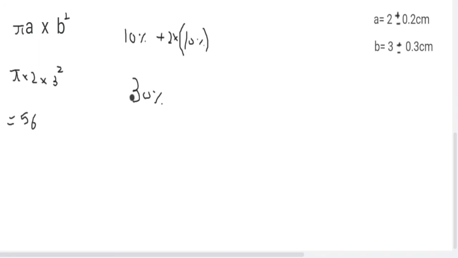Finally, I would multiply this 30% with 56. So 30% of 56 equals 16.8. And that is my error. My final answer would therefore be 56 plus minus the error, which was 16.8.